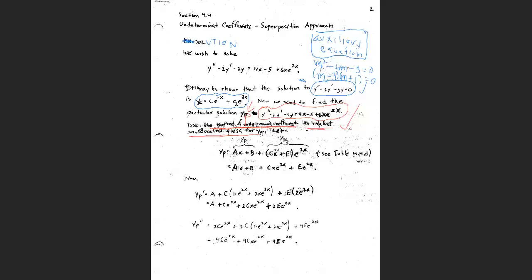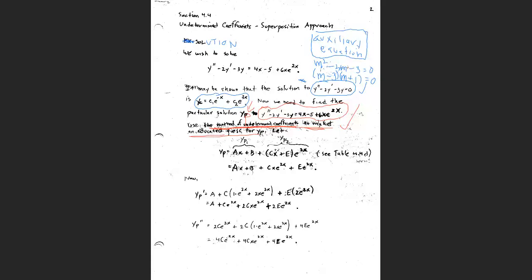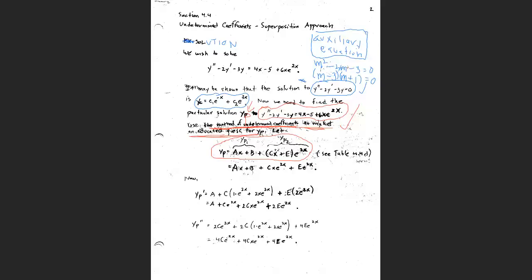Okay, so we're using the method of undetermined coefficients to make an educated guess for our particular solution. And this is going to be our educated guess. Y of p is equal to the sum of these two particular solutions that correspond.